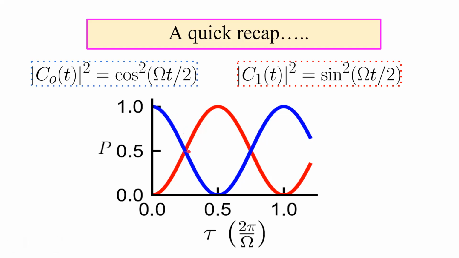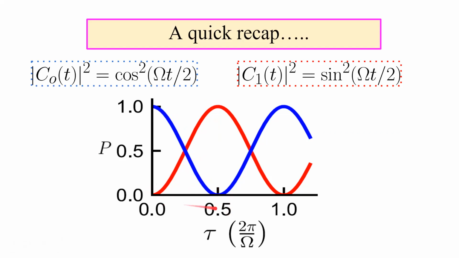With time, we reach a point where the probability of occupancy in both of them is equal, that is, equal to 0.5. And then at a certain instant, the probability of occupancy of the ground state becomes 0, and that of the excited state becomes 1.